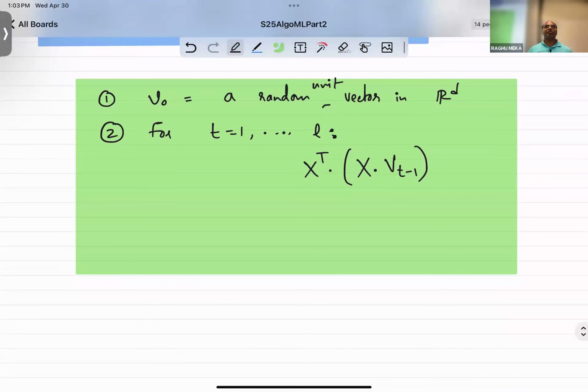So what's one way to fix it? Yeah. So you should normalize after every step, or maybe every few steps, but let's just do it after every step. Okay. So let me introduce this intermediate vector zt, and then vt is just zt divided by its norm.